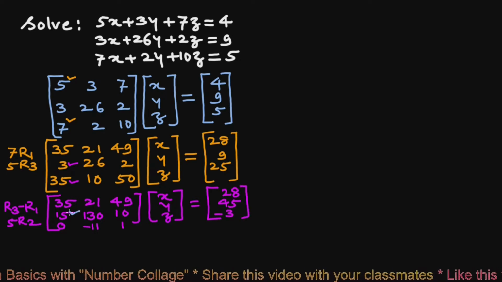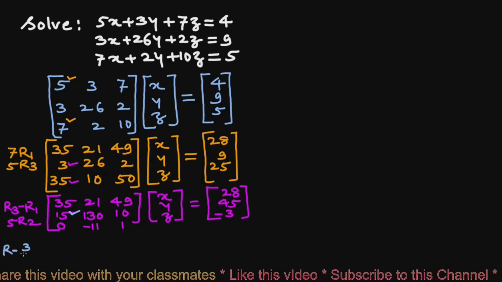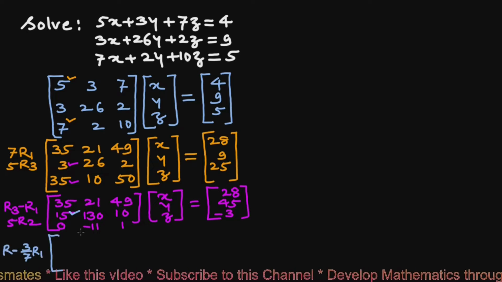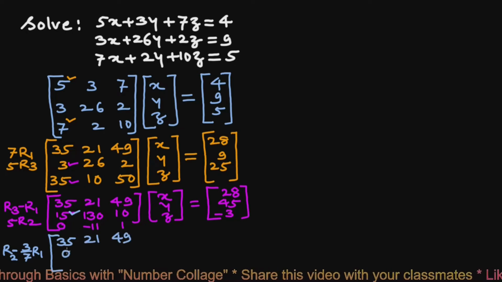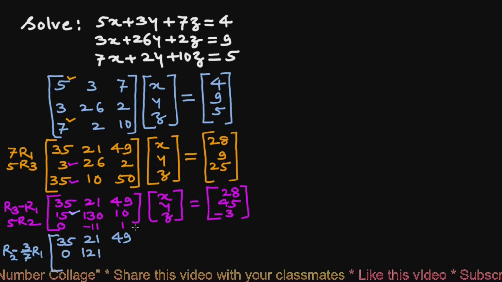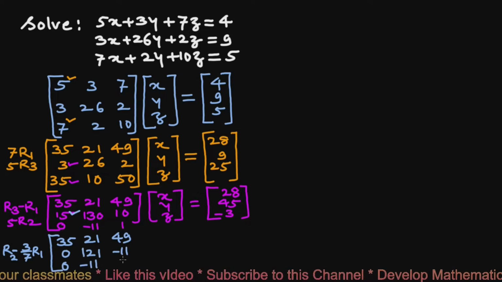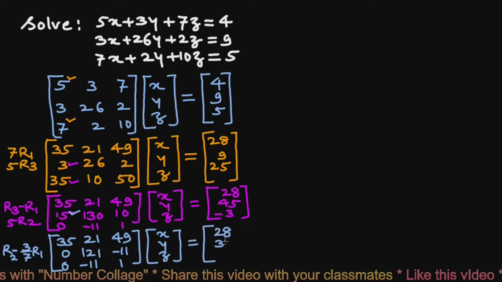Now we will make this 15 zero. So we perform R2 minus 3 upon 7 R1. So that will be 35, 21, 49; 15 minus 15 will be 0, 130 minus 9, 121, 10 minus 21, minus 11; 0, minus 11, 1; 28, 45 minus 12, 33, minus 3.